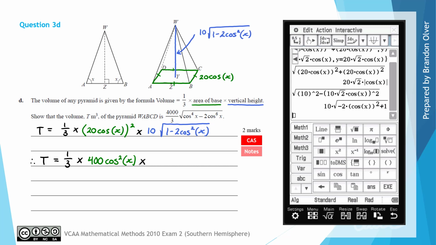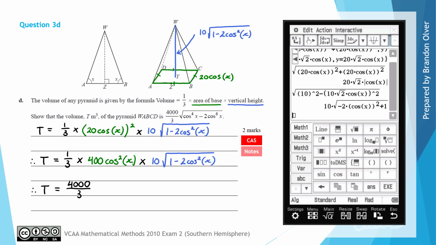And then we're going to still have this multiplied by 10 times the square root of 1 minus 2 cos squared of x. So therefore, T is going to equal, and now all of these numbers, the 1/3, the 400, and the 10, which are multiplied together, is just going to give 4,000 over 3, if I combine those.